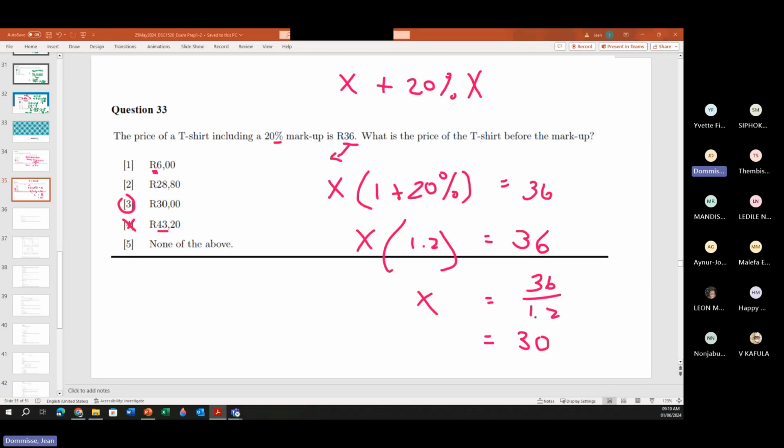For some of you they ask what the t-shirt price was before markup, for others they might ask what the markup amount is. When you go through it and write it, just make sure that you're answering the question they are actually asking. In this one, they wanted the price of the t-shirt before the markup, so it is the 30 Rand.